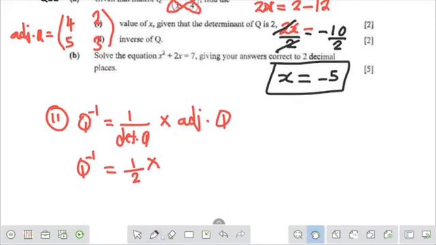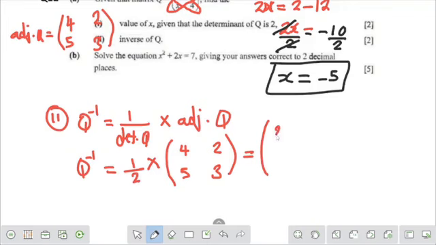Okay, so we are going to write, we have here a 4, a 2, a 5, and a 3. So here, this 1 over 2, we multiply each and every element inside this matrix. So we are going to have 1 over 2 times 4. So we divide 2 into 4, it's 2.